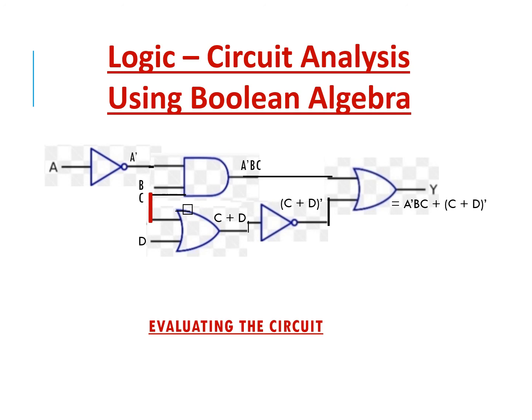So (C or D) within bracket all complement. Then A complement dot BC is being fed to the OR gate, and (C or D) whole complement is also being fed to the OR gate, and Y is equal to A complement BC or within bracket (C plus D) whole complement. So this is a slightly detailed circuit. So this is how we evaluate the circuit.